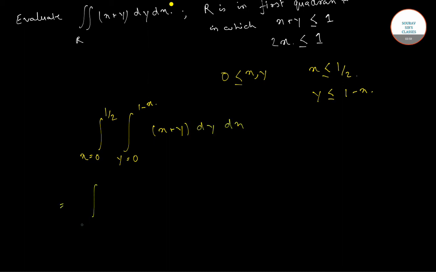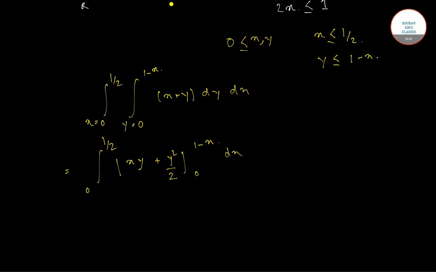Now this is equal to integration 0 to half of x y plus y square by 2, where the value of y goes from 0 to 1 minus x, into dx. So this is equal to integration 0 to half x into 1 minus x plus 1 minus x whole square divided by 2 into dx.